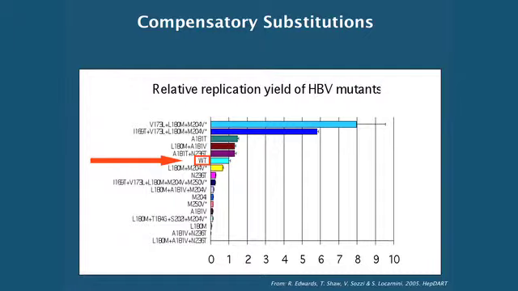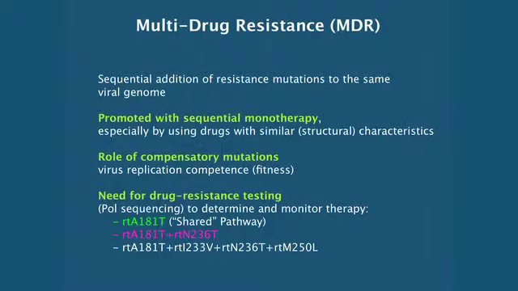So the V173L plus the 180M plus the M204V is a common lamivudine resistant variant with a compensatory mutation at V173L. Now this leads into the situation of the multi-drug resistance problem. This is the sequential addition of resistance mutations to the same viral genome. This is promoted with sequential monotherapy, especially by using drugs with similar structural characteristics like using L-nucleosides one after the other.